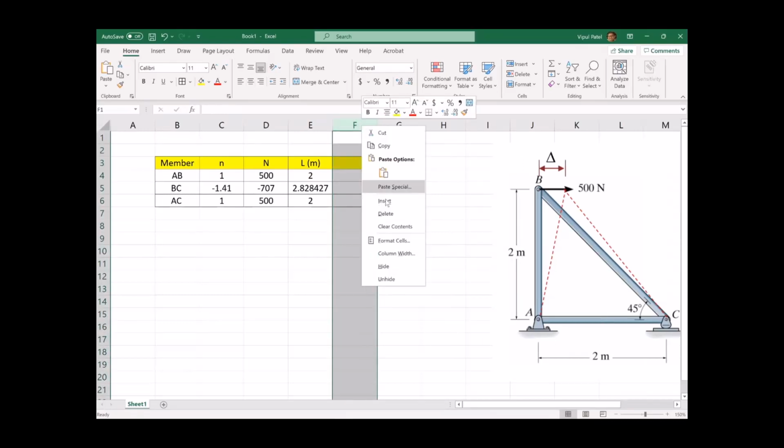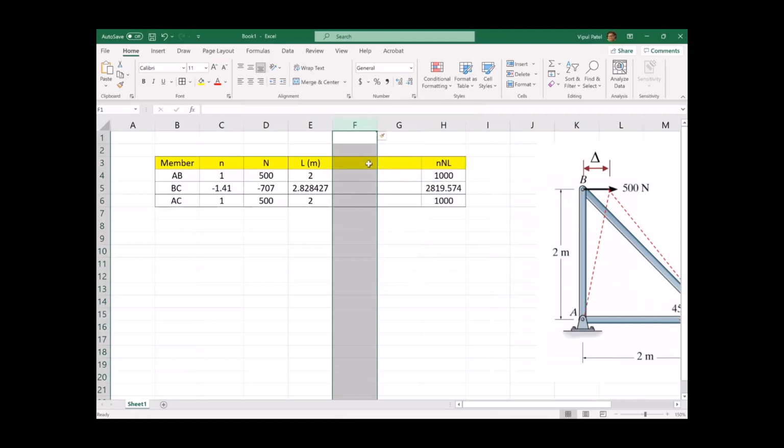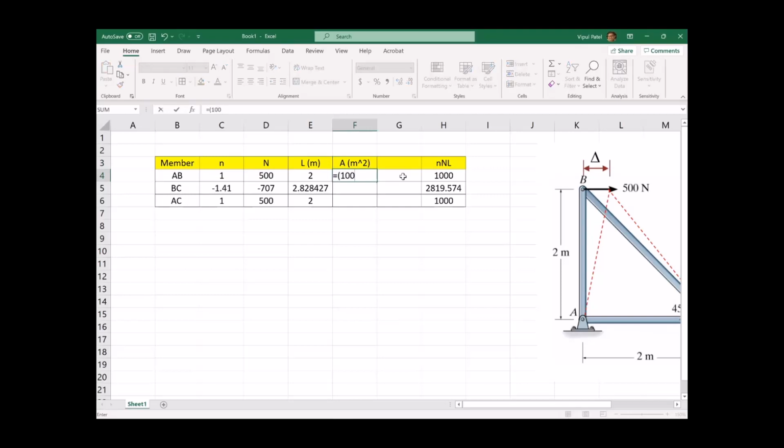We don't have E and A, but we assume. Do you remember that A is in millimeter square or meter square? Because we have it in meters, let's put it in meter square. It was 100 divided by 1000, because remember you have 100 millimeters, and 100 millimeters divided by 1000 gives you meters.